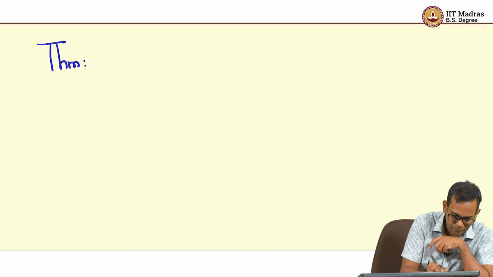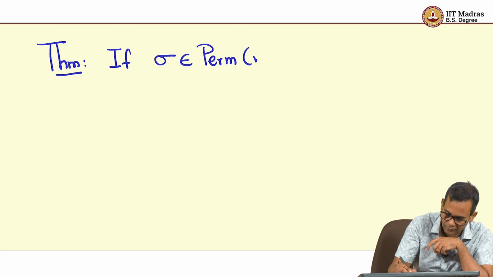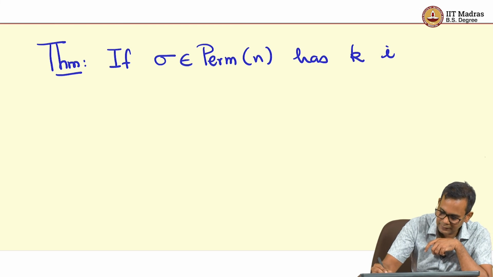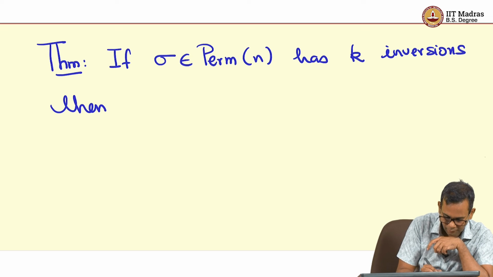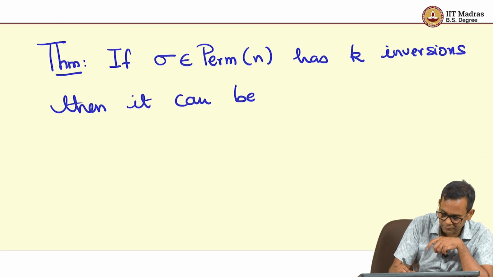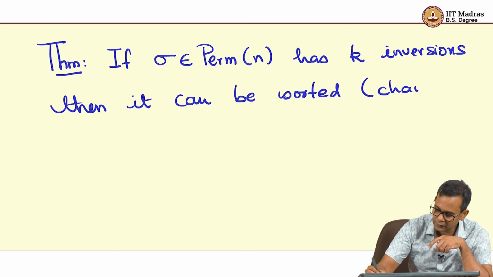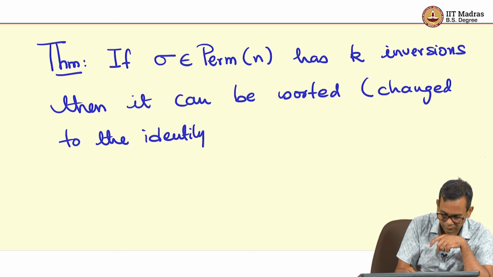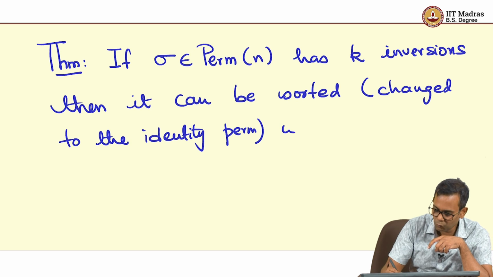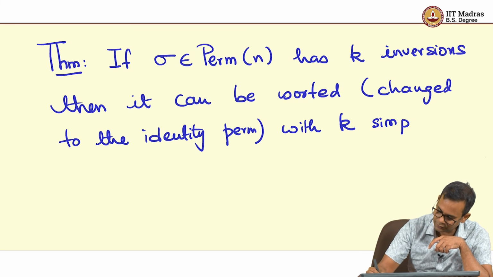Theorem: if a permutation, let us say sigma in S_n, has k inversions, then it can be sorted, and when I say sorted, I mean changed to the identity permutation, with exactly k simple transpositions.